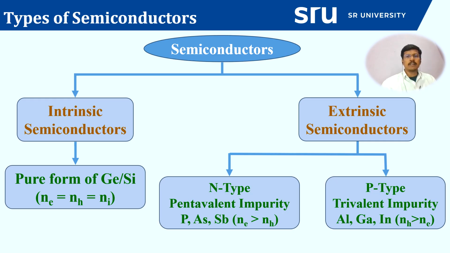In intrinsic semiconductors, you can see the number of charge carriers. The number of free electrons is exactly equal to the number of holes.